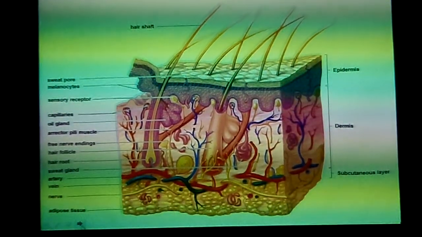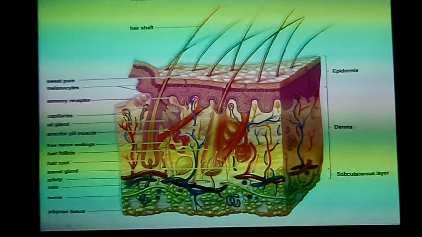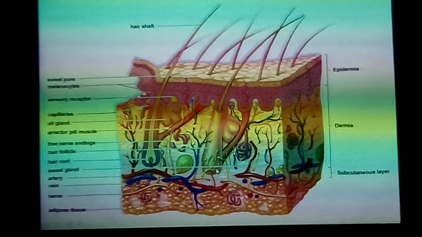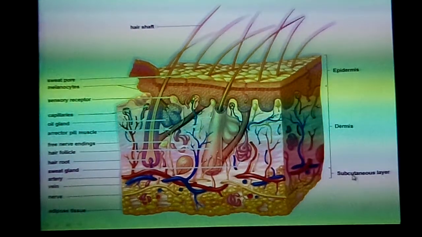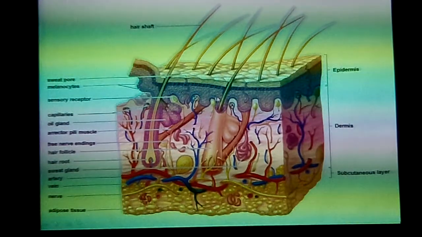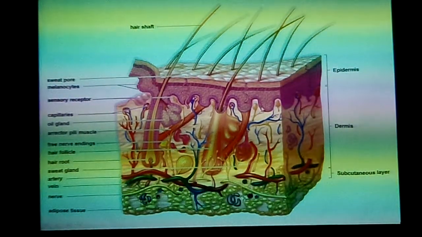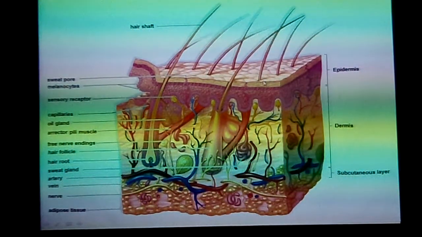The next section, 31.3, goes into the skin. It shows how the skin is arranged. The skin is just a very dynamic organ. It's got a layer of fat underneath. It's called the subcutaneous layer. And up top is stratified squamous epithelium. Cells are multiplying from here, and by the time the cells get up here, they're dead.